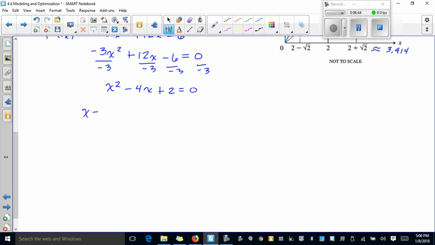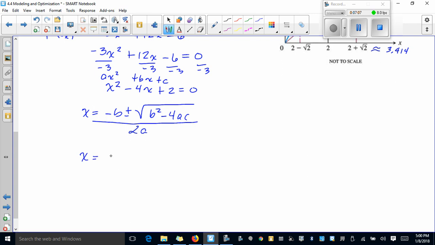So x equals negative b, well, b is already negative, so it's going to become positive 4, plus or minus the square root. 4 squared is 16. Doesn't matter if it's positive or negative. As soon as you square it, it becomes positive. Minus 4ac, so minus 4 times 2. The a is 1. All over 2a, so all over 2.